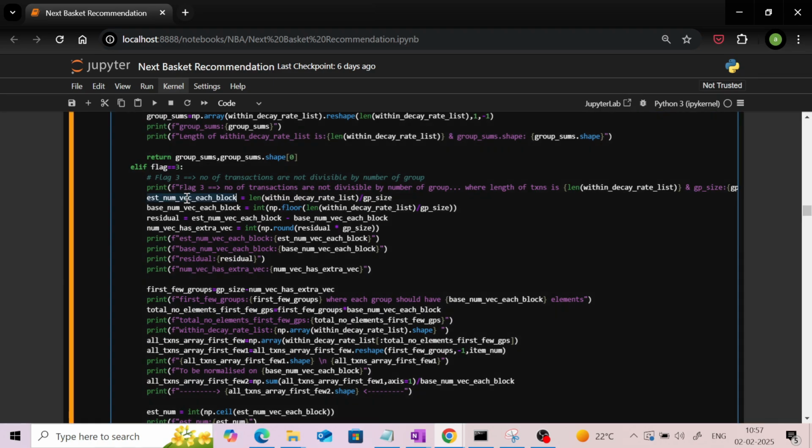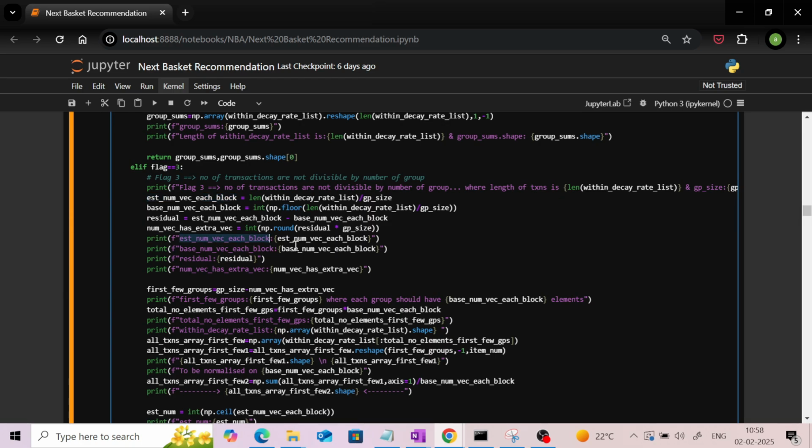First of all, it calculates the estimated number of vectors in each block, which is the length of within decay rate list divided by group size. Let's do the maths simultaneously. The length of within decay rate list is 15, and the group size is 7, so we will have some 2 point something as the estimated number of vectors in each block.